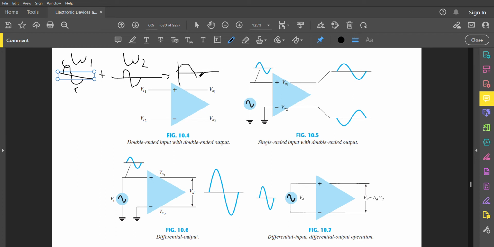This is constructive interference, so we will get the amplified output. This will be twice as large as this one.